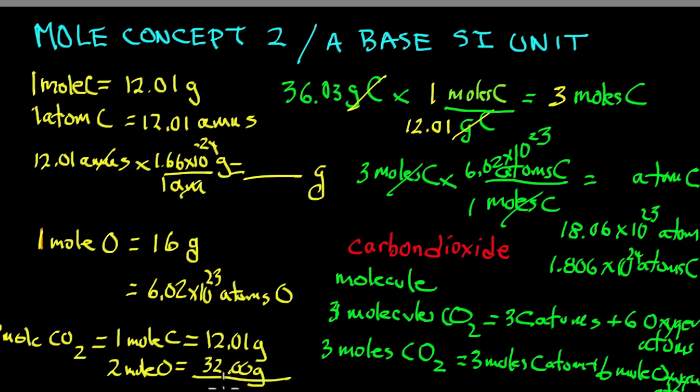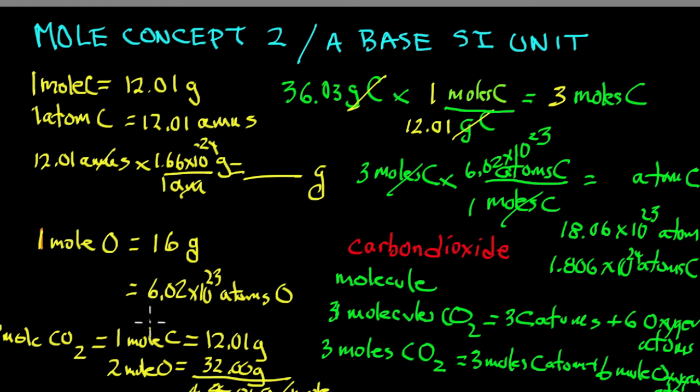Add it together, and you have 44.01 grams per mole. Let's look at the molecules. If you have 1 mole of carbon dioxide, you have, once again, 6.02 times 10 to the 23rd molecules.